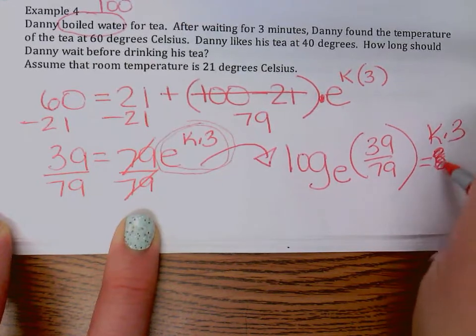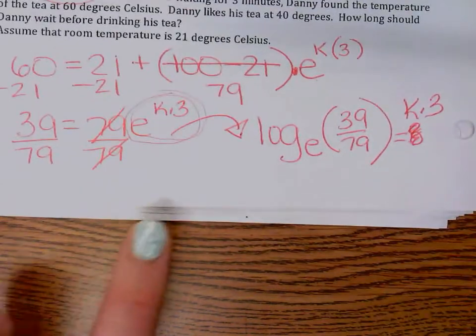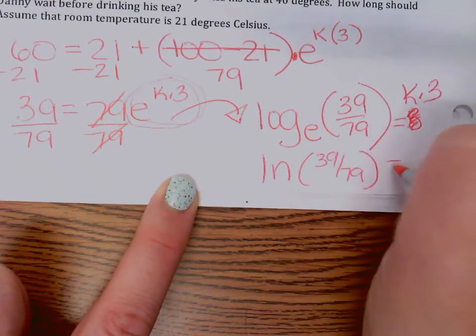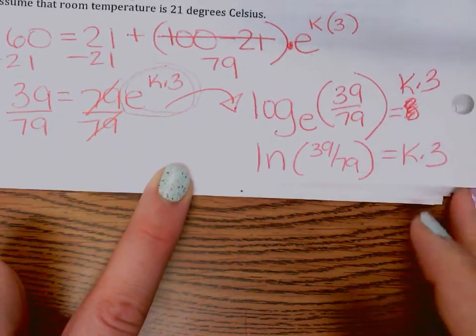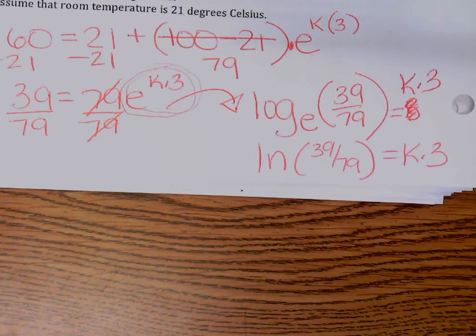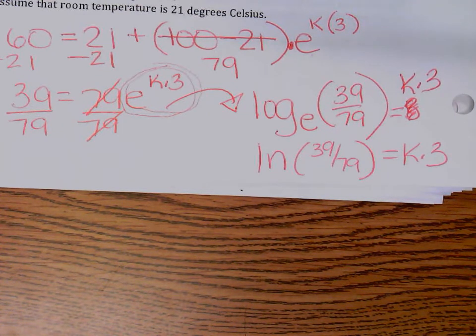So I'm taking the natural log of 39/79 on my calculator, and then I would divide by 3 at the very end to get k. I kind of took up a lot of room because I haven't even solved the whole problem yet. If you don't have a calculator, I put them all in the doc so they were charged for SAT, so you might need to go grab one because not everyone used them yesterday.